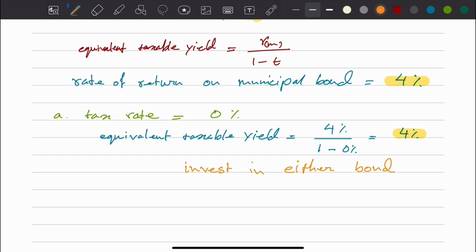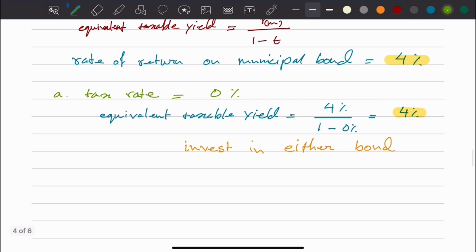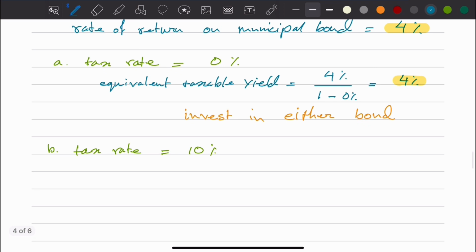In the second scenario, B, tax rate equals 10%. Okay, so based on that, the equivalent taxable yield is going to equal 4% over 1 minus 10%.